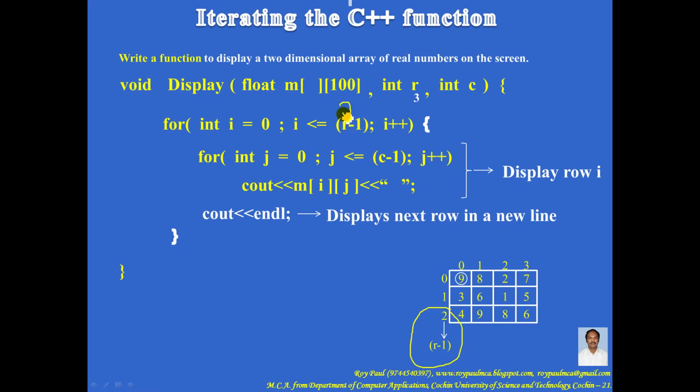So this is nothing but 2. Number of columns, example taken 4. Here 4 columns are there. So upper bound of the column c minus 1, 4 minus 1, 3. So this is upper bound of the column c minus 1. So your c minus 1 is 3.